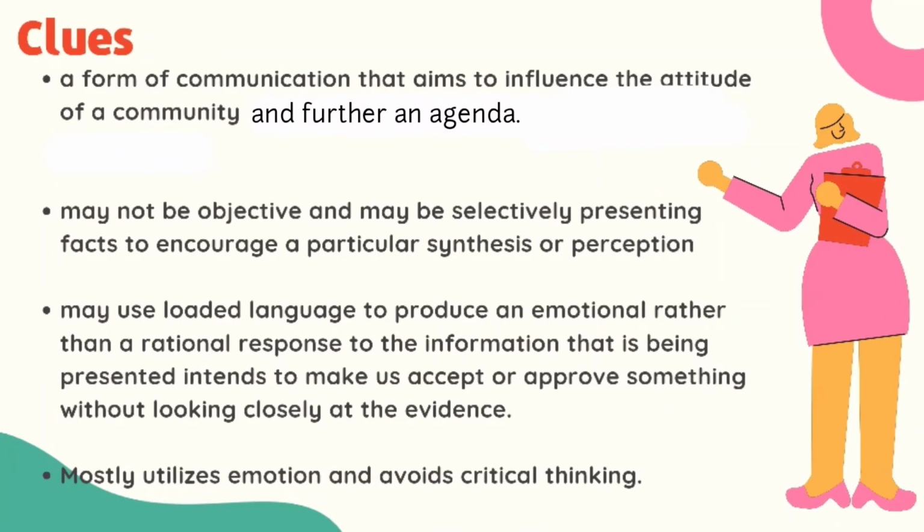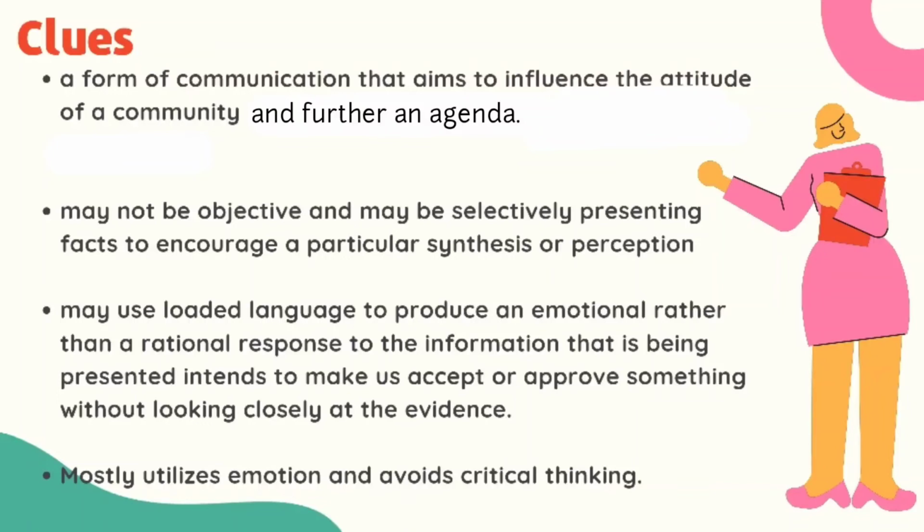Now here are the clues. It is a form of communication that aims to influence the attitude of a community and further an agenda. It may not be objective and may be selectively presenting facts to encourage a particular synthesis or perception.